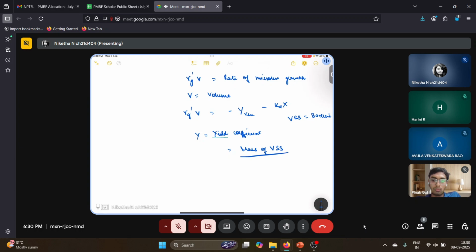So it is the mass of VSS divided by the mass of BOD removed. Why are these two forming a ratio here? Because the amount of BOD removed, or organic matter removed, will be directly proportional to how much bacteria has grown after consuming that organic matter.